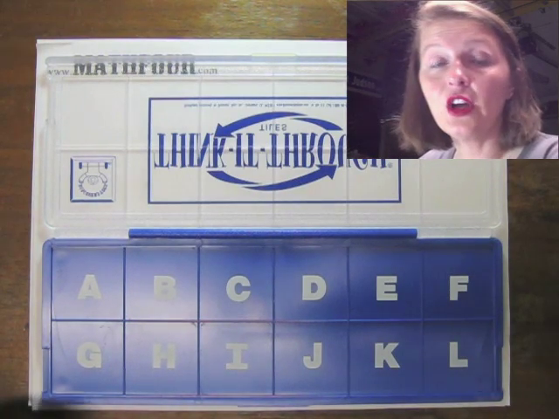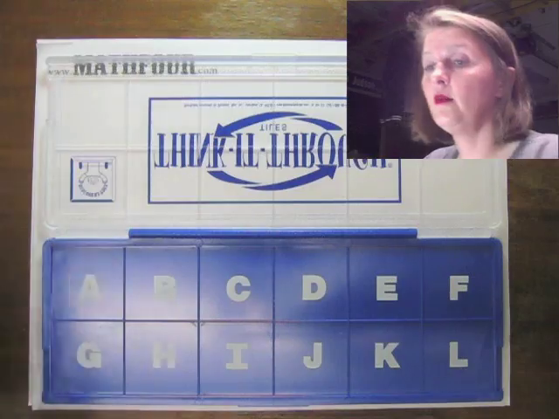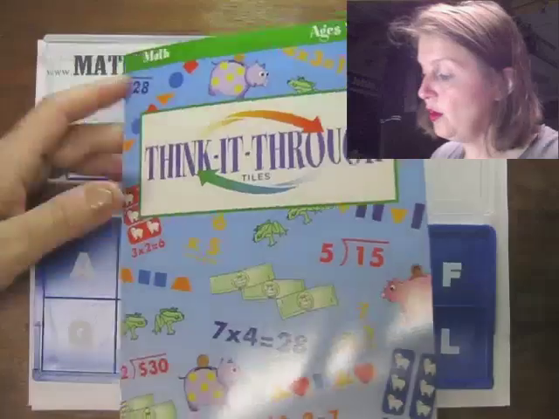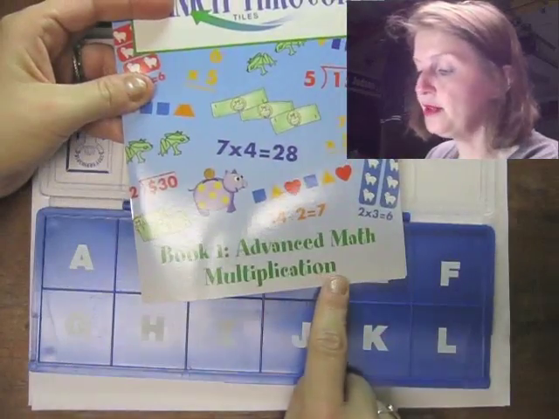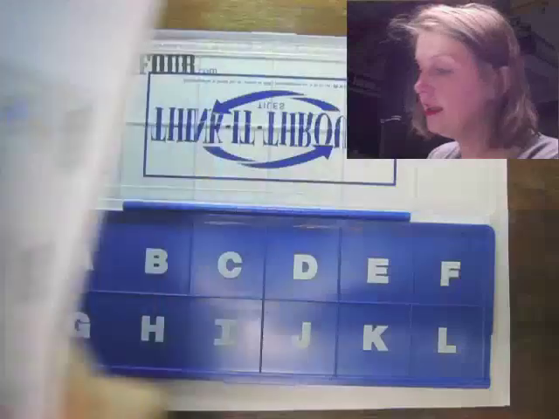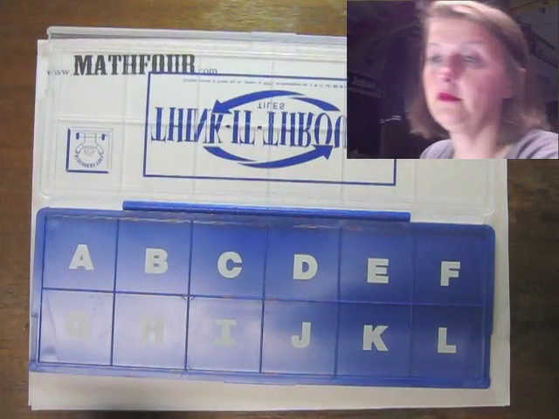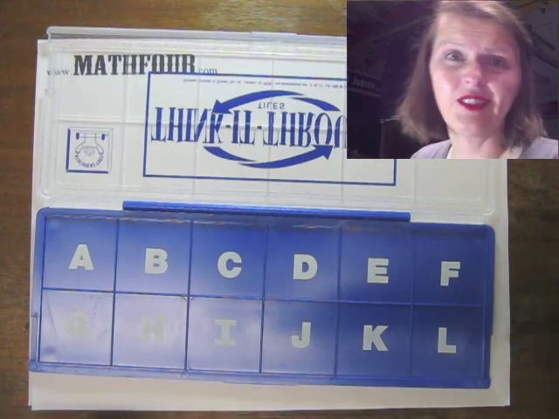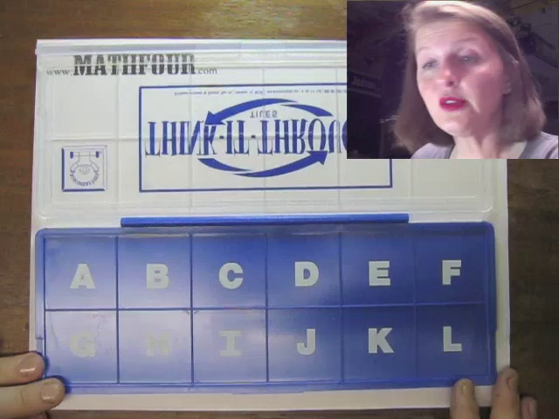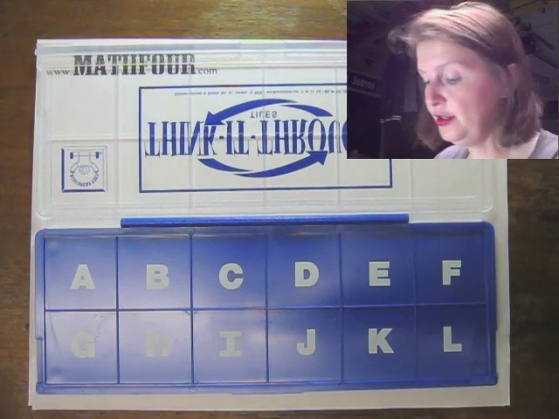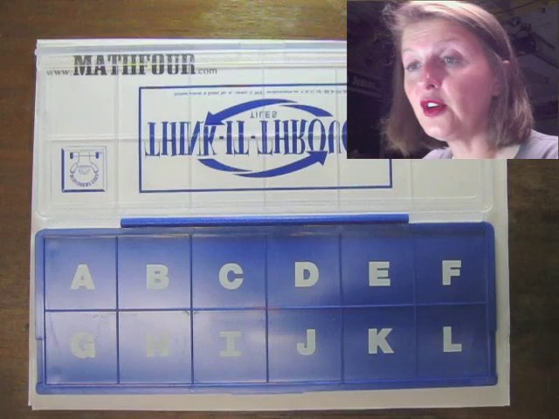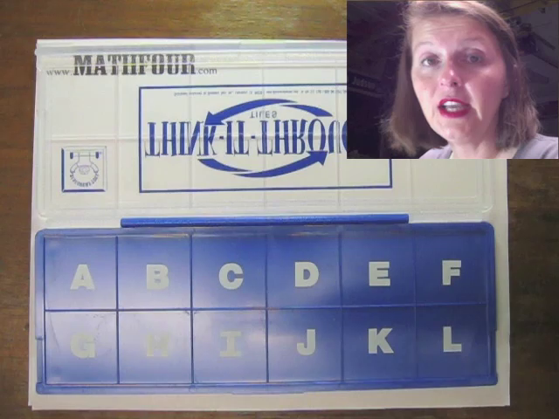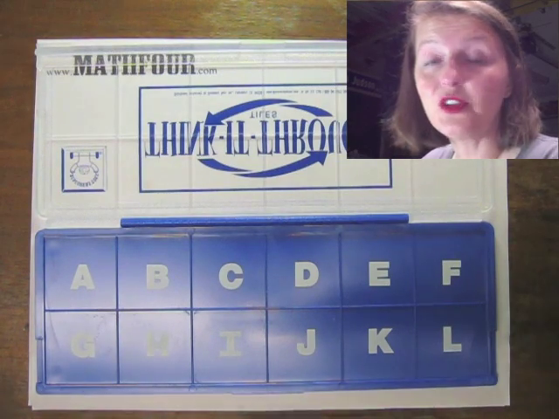So I have gone to one of the books, the official Think It Through Tiles book for advanced math multiplication, and I'm just on page 1. So it's not terribly advanced because it's multiplication. Starting at the first page, I look at the first problem, which is 1 times 2.